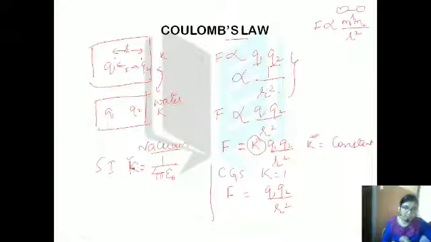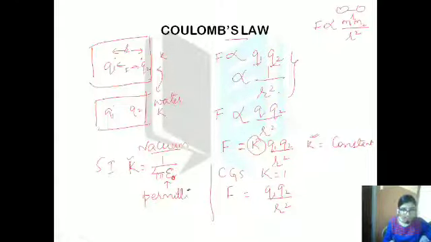So in this case, this constant of proportionality will be 1 by 4 pi epsilon naught. This is the Greek letter epsilon with the 0 here. Naught stands for the medium vacuum. This epsilon naught is called permittivity of the medium.